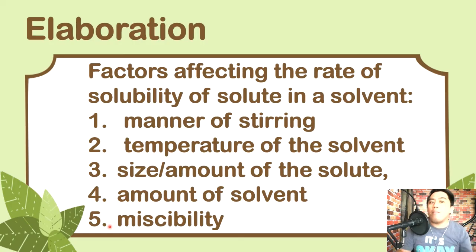And number 5 is miscibility. Ano ba to si miscibility na ito? Okay. Ito ay ginawa natin sa activity 5, doon sa mix me not. Bakit kaya ang oil did not mix with water? Because of sinasabi nating miscibility.